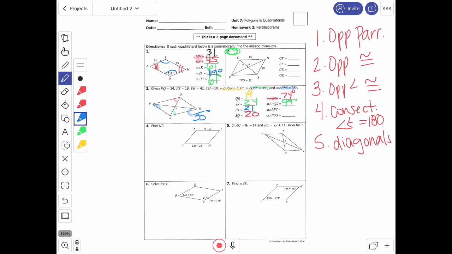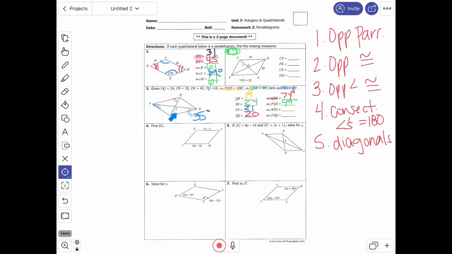So we don't know if these two are congruent, okay? Diagonals are not angle bisectors, they're just bisecting the segment. So we don't know that this angle and this angle are necessarily congruent. We do know that QRS as a whole is 74 degrees.